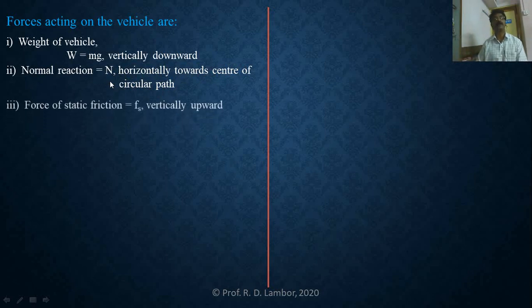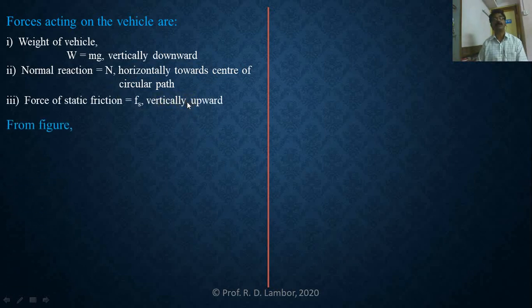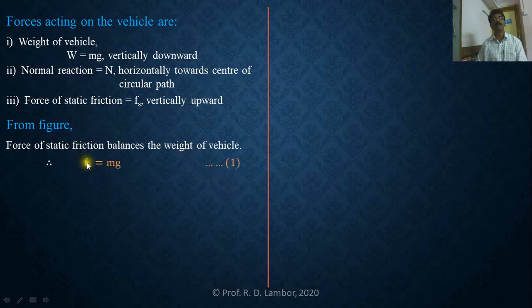And the third one is the frictional force, which is vertically upward. From the figure we have just seen, the weight of the vehicle is balanced by the force of static friction. That's why we get this mathematical formula: frictional force equals weight.